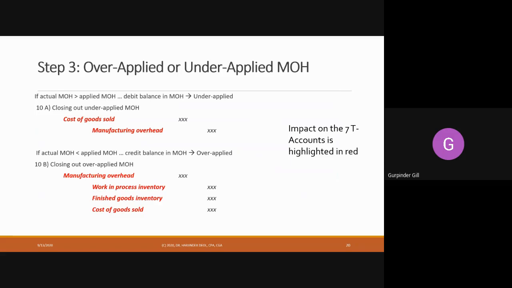Any over application of manufacturing overhead on those jobs would have impacted all three accounts: work in process inventory, finished goods, as well as cost of goods sold. So if we debit our manufacturing overhead account and credit all three accounts, then we will bring the manufacturing overhead account to a zero balance.